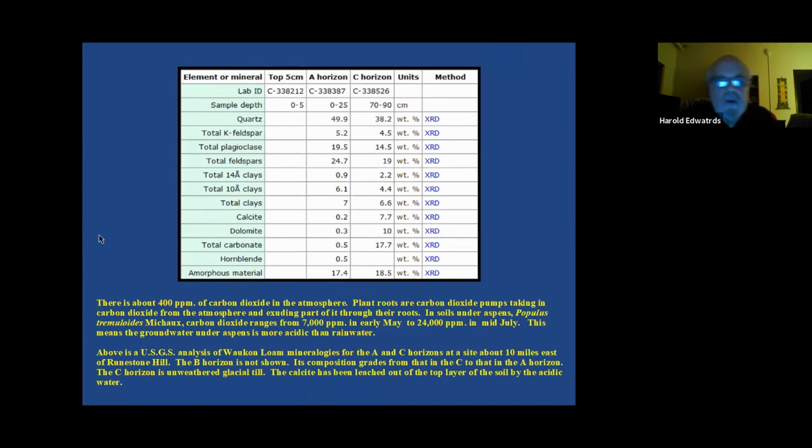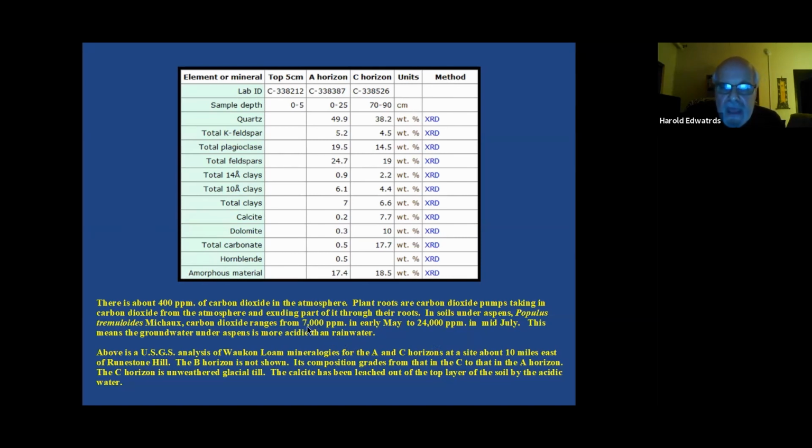There are about 400 parts per million carbon dioxide in the atmosphere today. And plant roots under an aspen generate between 7,000 parts per million and 24,000 parts per million of carbon dioxide. The effect of that is that they make the water about 10 times more acidic than rainwater.